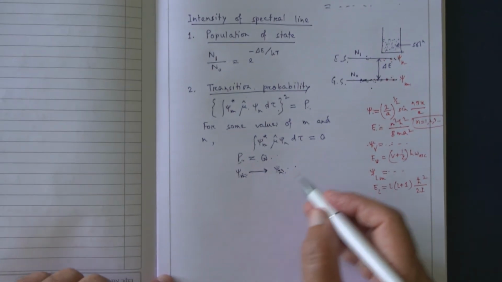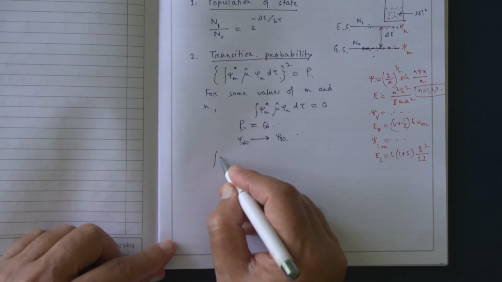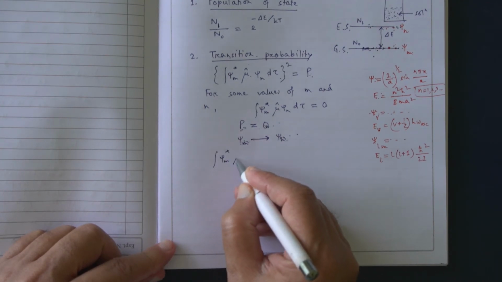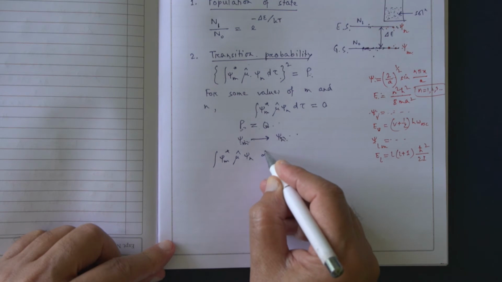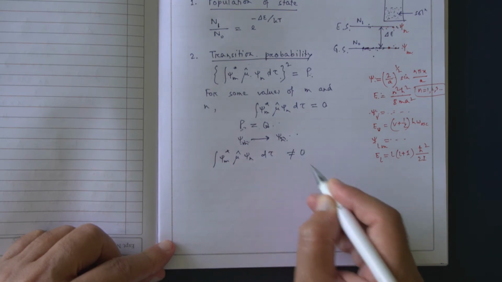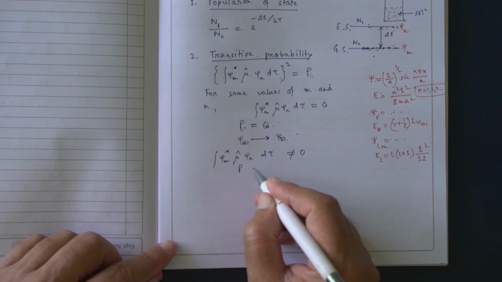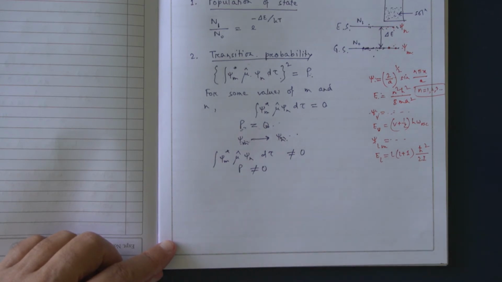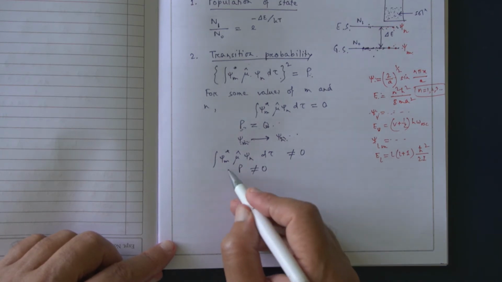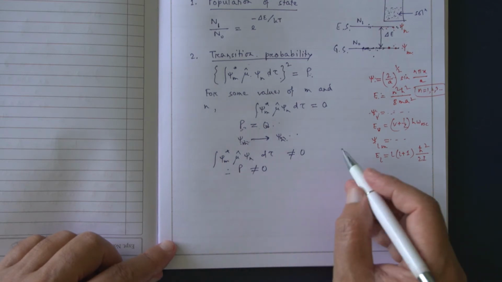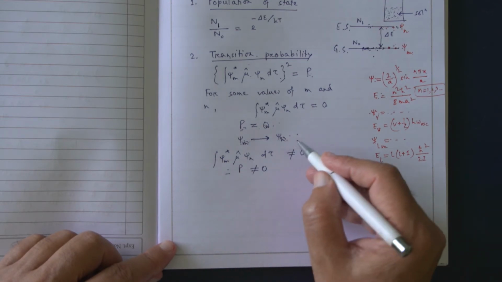But if this integral is not zero, okay? Then probability of transition is not zero. That means this transition will take place.